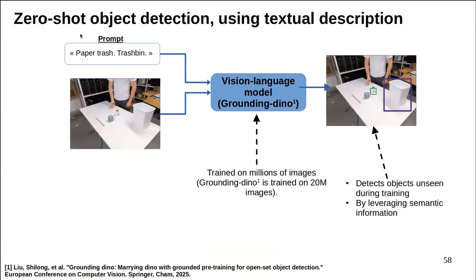So as input of our vision and language model, we have a textual description, a prompt, specifying that we want to detect the paper trash and the trash bin. We have the image in which we want to detect the objects. And then the model is able to detect these 2 objects as a result.